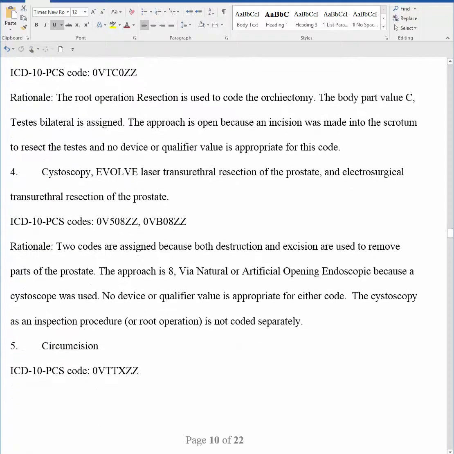Number 4, patient has BPH or benign prostatic hypertrophy. It's documented that he's having a cystoscopy. Then the second procedure is evolved laser transurethral resection of the prostate. And the third procedure documented in the report is electrosurgical transurethral resection of the prostate.